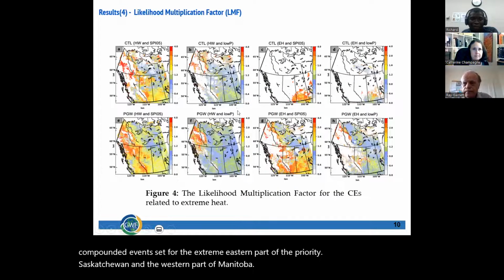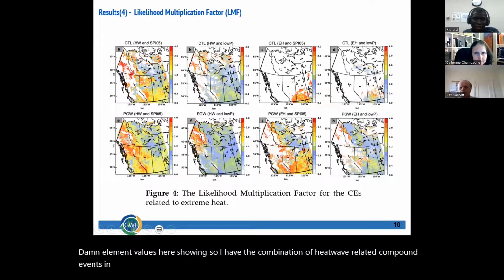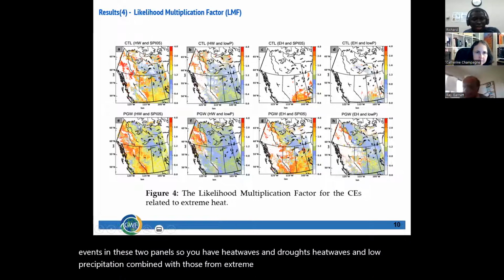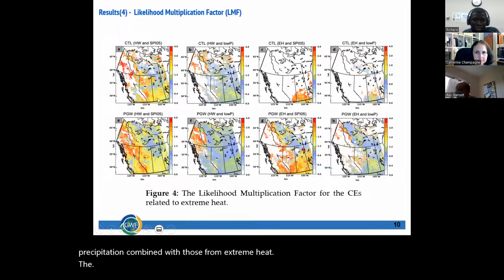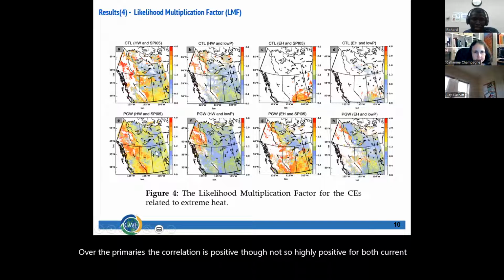The LMF values here are showing the combination of heat wave related compound events in these two panels. So we have heat waves and drought, heat wave and low precipitation, combined with those from extreme heat. The results are showing that over the prairies, the correlation is positive, though not so highly positive for both current climate and future climate.